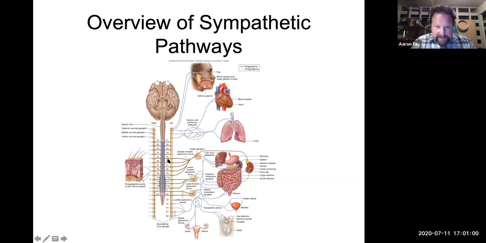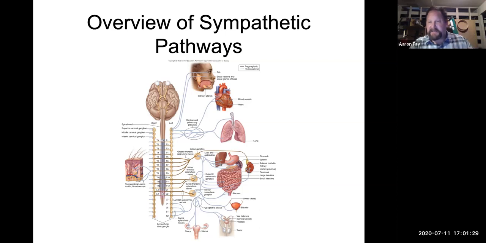Notice in this picture, the brown is the preganglionic axon. Notice that it just passes right through the sympathetic trunk ganglion. It does not have a synapse. It passes all the way through and has its synapse somewhere out in the body, in a ganglion out in the body. Whereas the ones we just talked about will enter the sympathetic trunk and have a synapse in the sympathetic trunk.